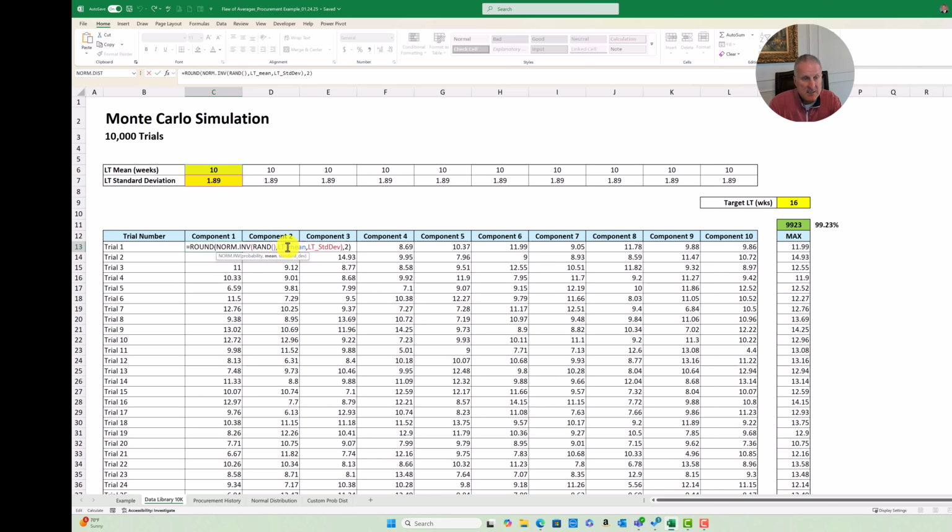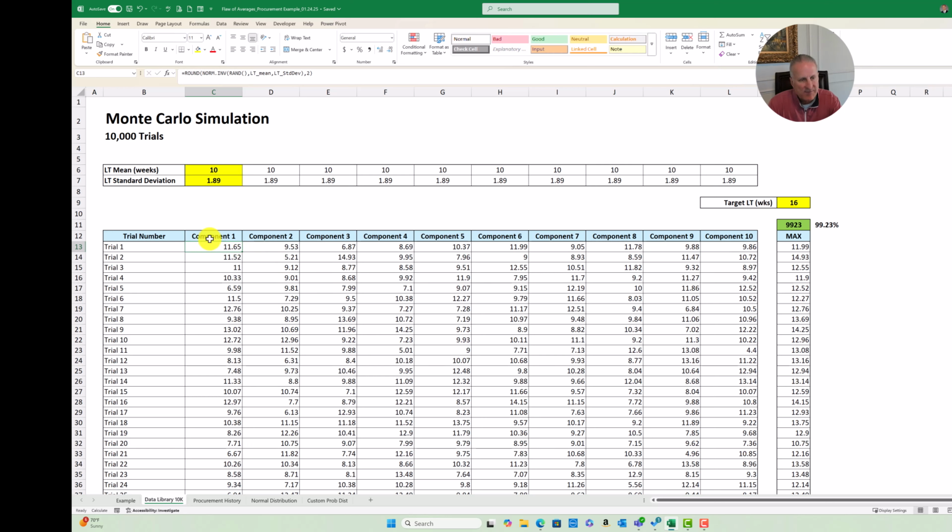The mean is going to be the mean up here, which is 10. We already know that. I also know, and I'll show in the second part of this video, that the standard deviation is 1.89, and this is in weeks. So I go in with a lead time mean of 10 and a standard deviation of 1.89. And all I'm doing here, I've got this wrapped into a rounding function where I round it to 2 digits.